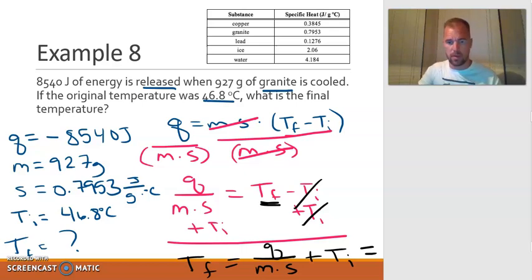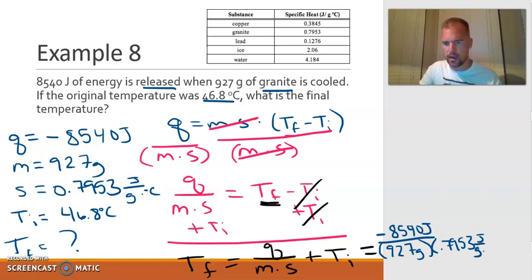So equals, let me do it in a different color now so we can see everything. What is T final going to be equal to? Well, it's going to be equal to my Q, which is negative 8,540 joules, divided by my mass, which is 927 grams, and it's also divided by my specific heat, which is 0.7953 joules per gram degrees Celsius.